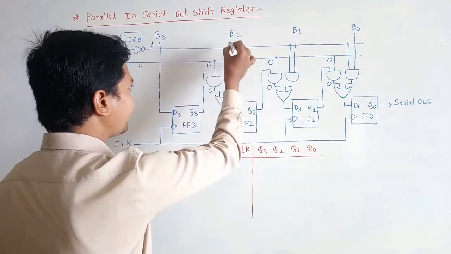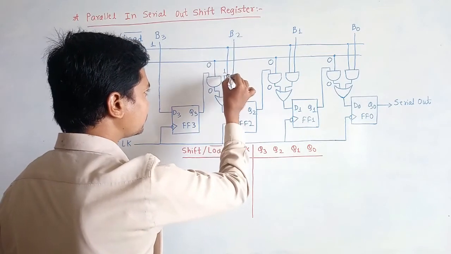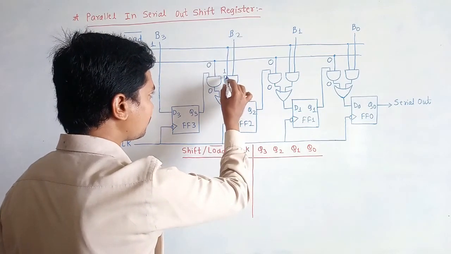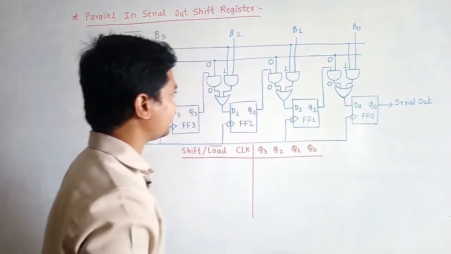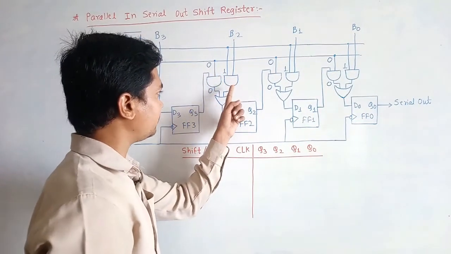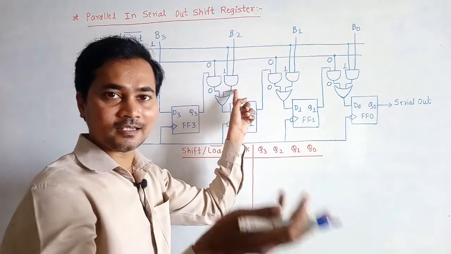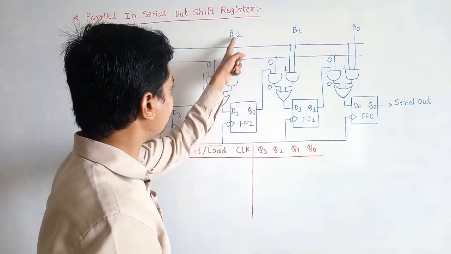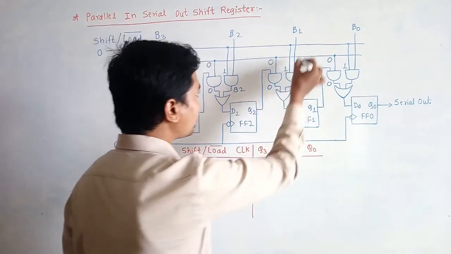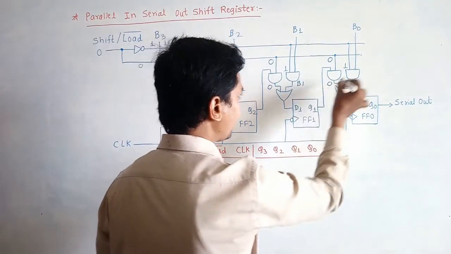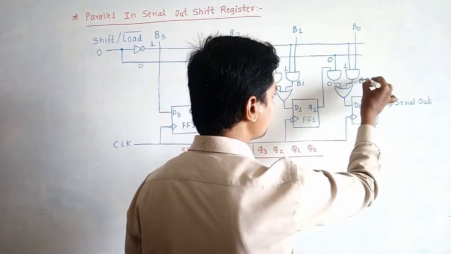This 1 will be applied to the first input of the second AND gate, 1 and 1, and the output of this AND gate will be 1 dot A, which is A. So here 1 dot B2 is B2, 1 dot B1 is B1 and 1 dot B0 is B0.